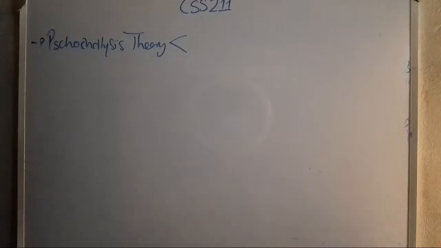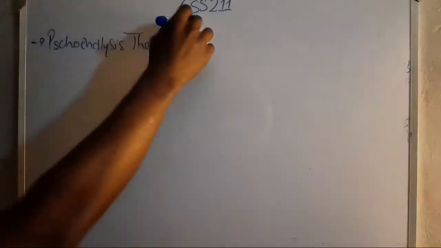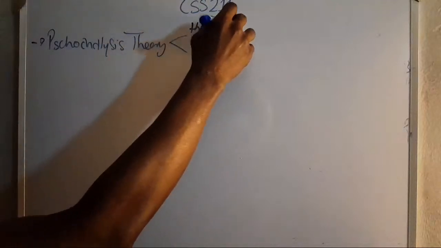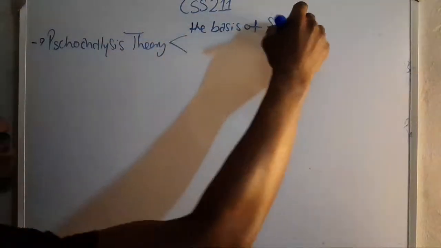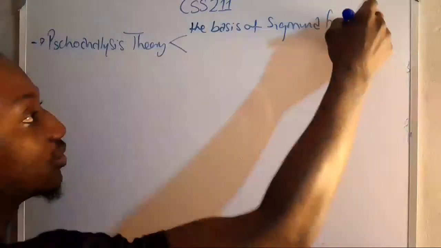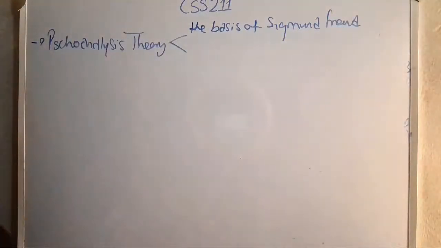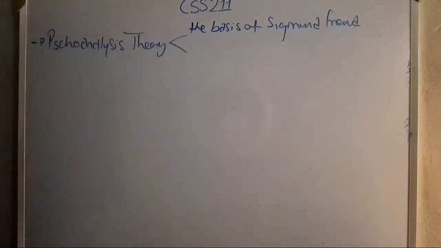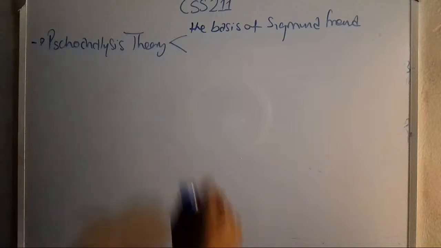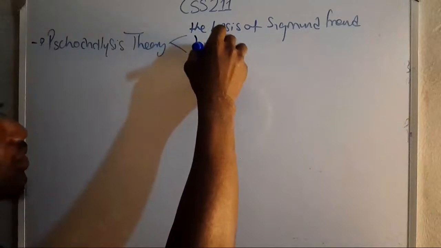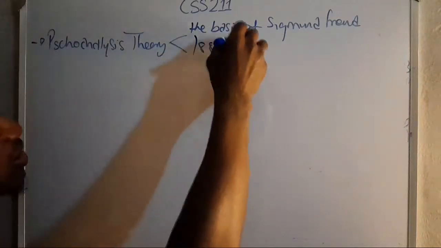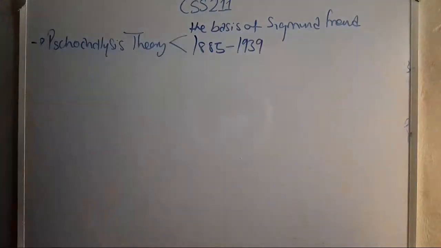Psychoanalysis theory is the basis of Sigmund Freud's analysis of crime, from 1885 to 1939.